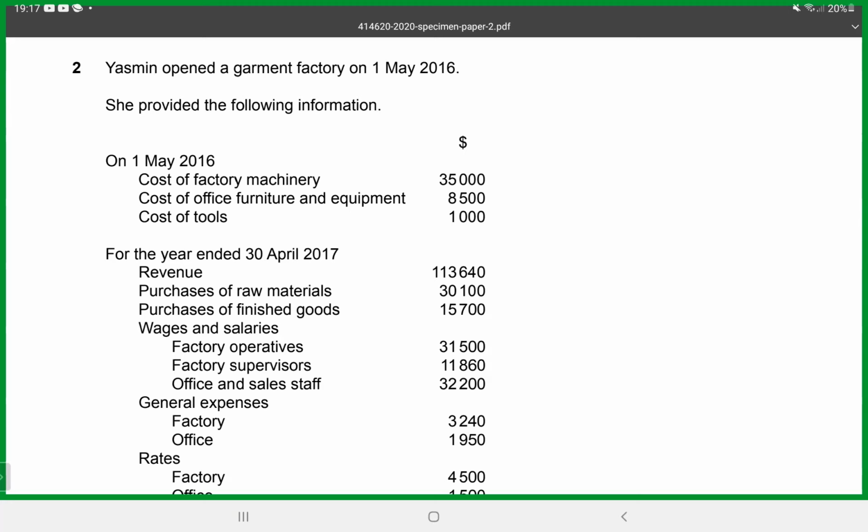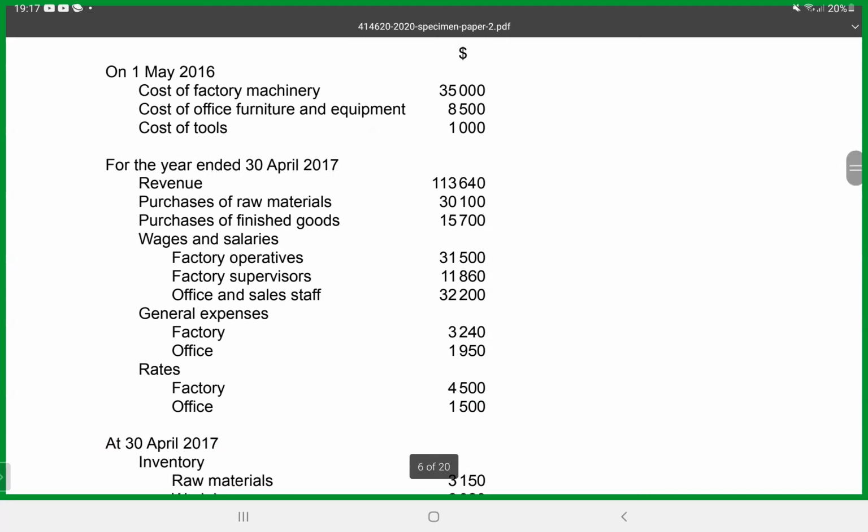So we are told that Yasmin opened a garment factory on 1st May 2016, and she provided the following information: that on 1st May 2016, the cost of factory machinery was given as $35,000, cost of office furniture and equipment 8,500, cost of tools.